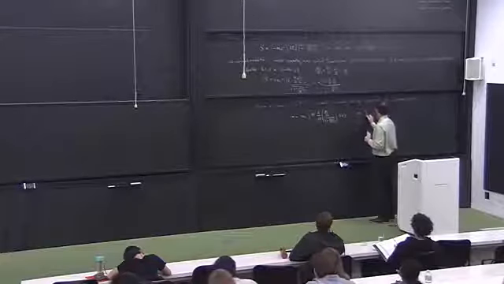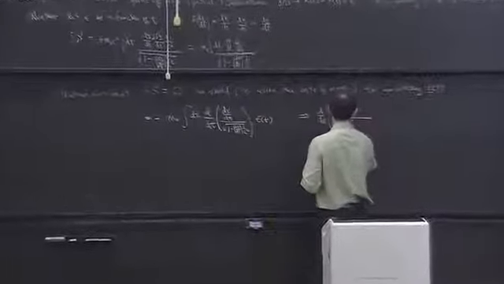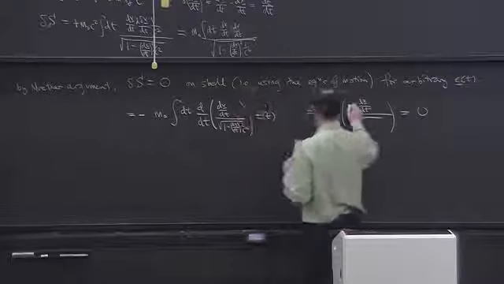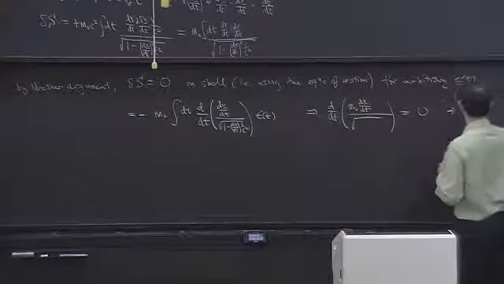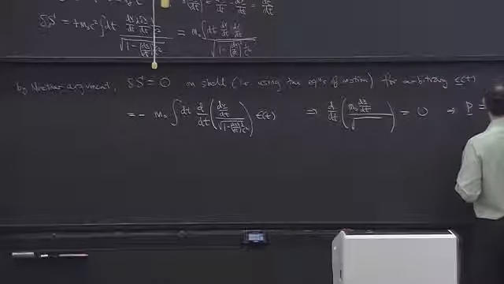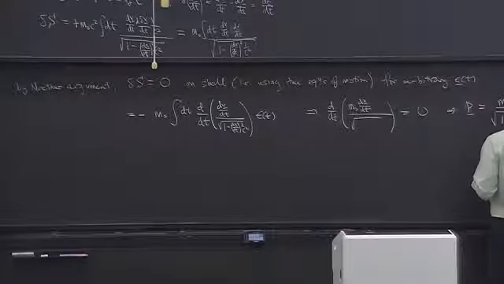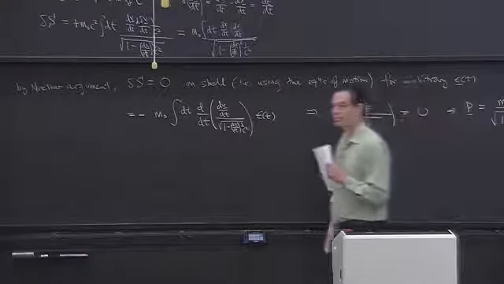So d by dt of dx/dt over the square root must be 0. Okay, and in fact, let's put the m naught in here. And this implies that p, which is m naught dx/dt over root 1 minus dx/dt squared over c squared, is conserved. And of course, that's the momentum.